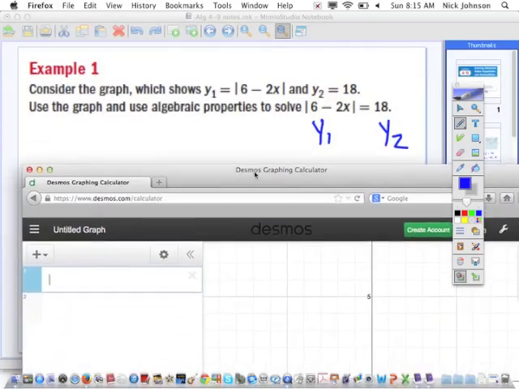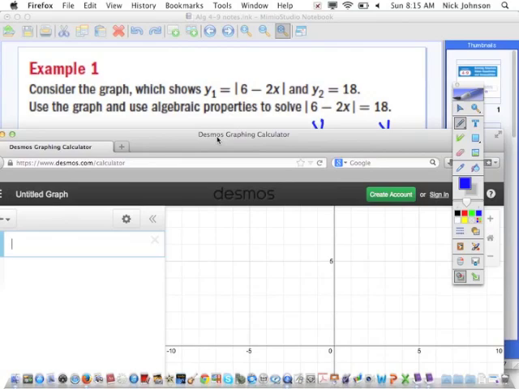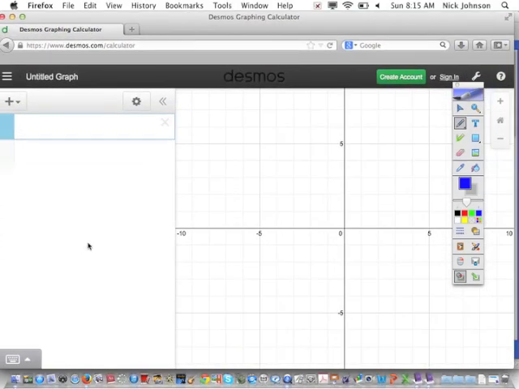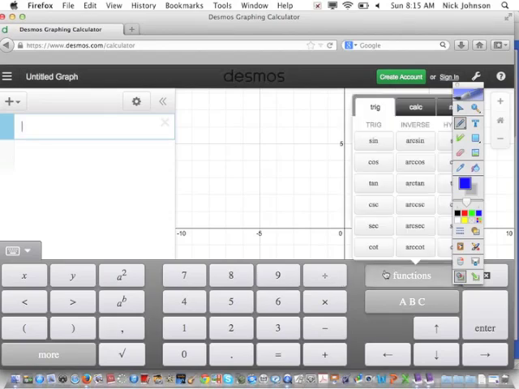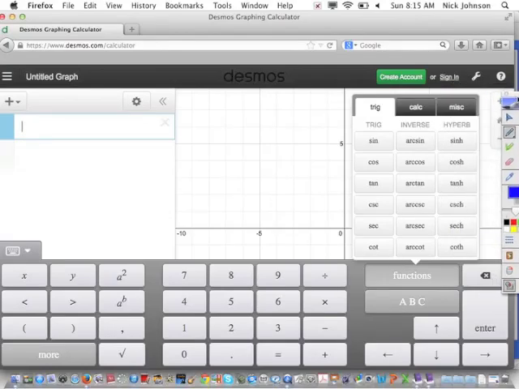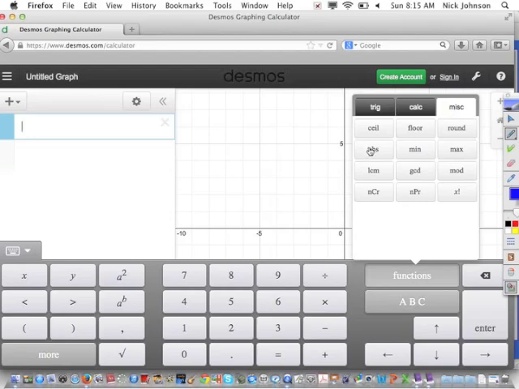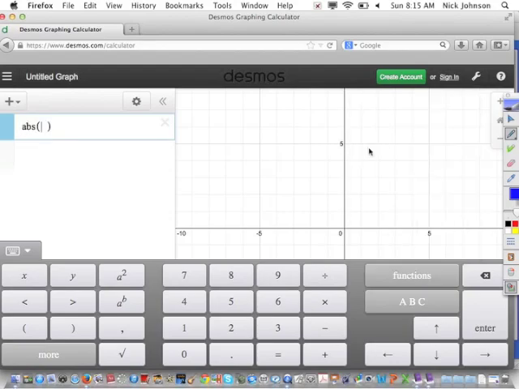But if you look here, my y1 is the absolute value of 6 minus 2x, so I need to bring in my calculator to find my absolute value. So I believe if you click on functions, go to miscellaneous, there's my absolute value, okay? So all I did was click on functions, went to miscellaneous, there's my absolute value.